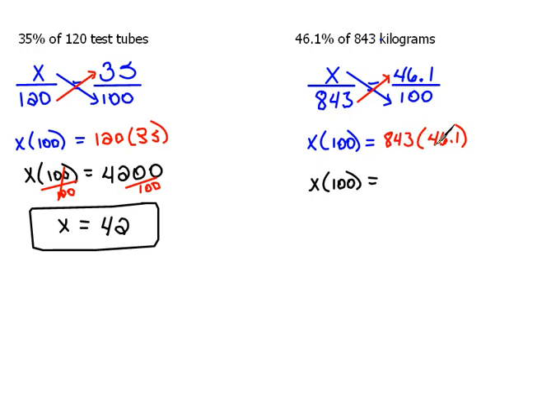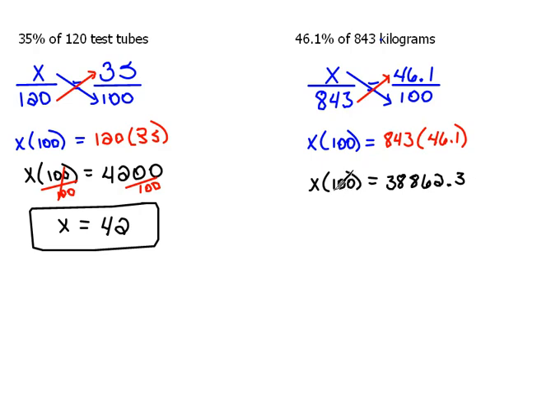But we can go ahead and multiply 843 times 46.1. That would give us 38862.3. Now, I didn't round that. I left that number as is. You never want to round anything until your last step, always.